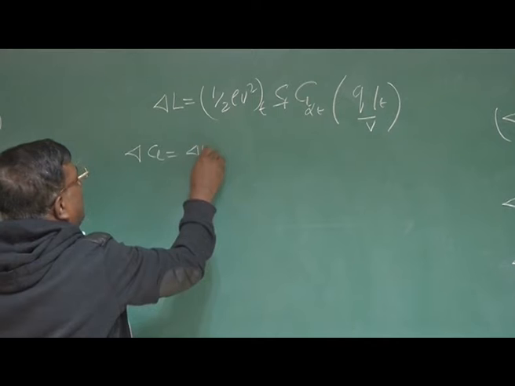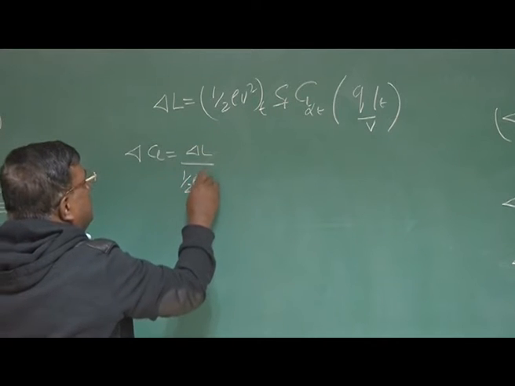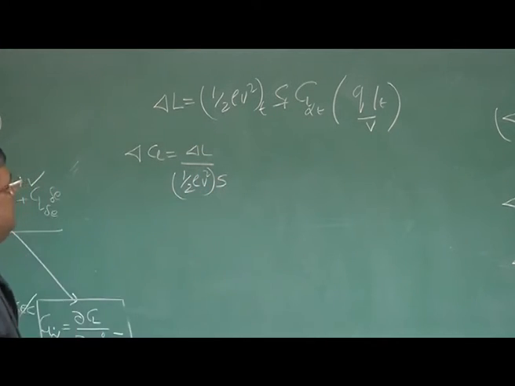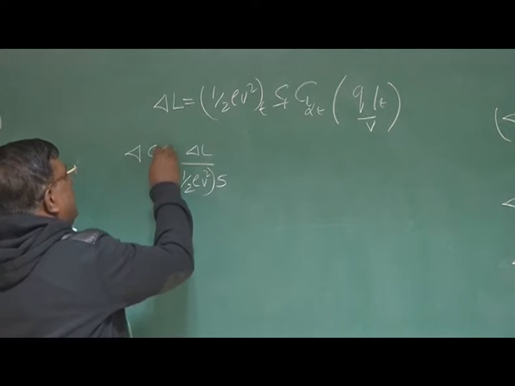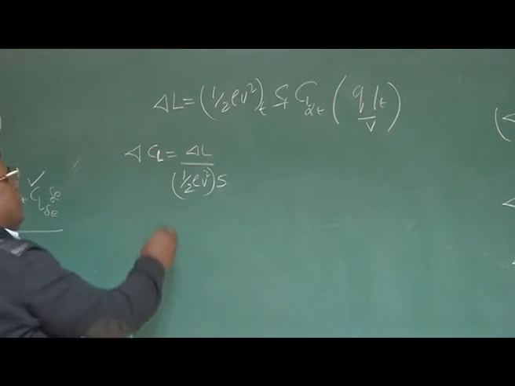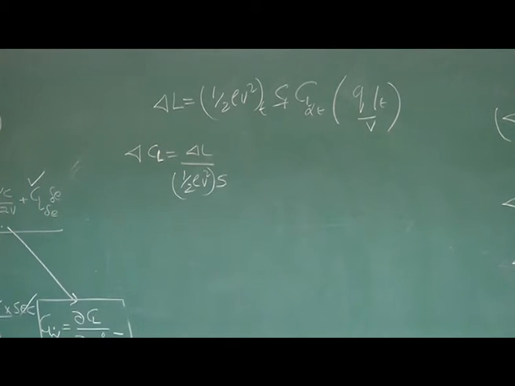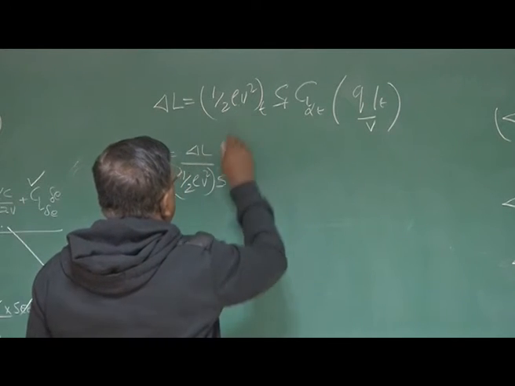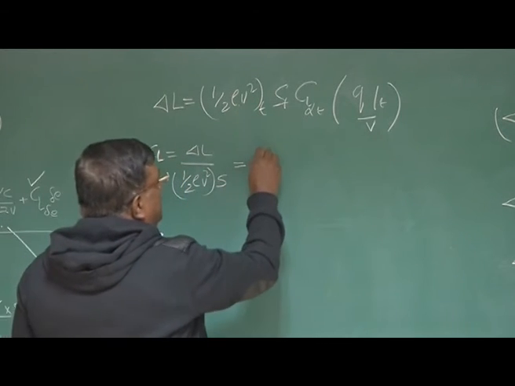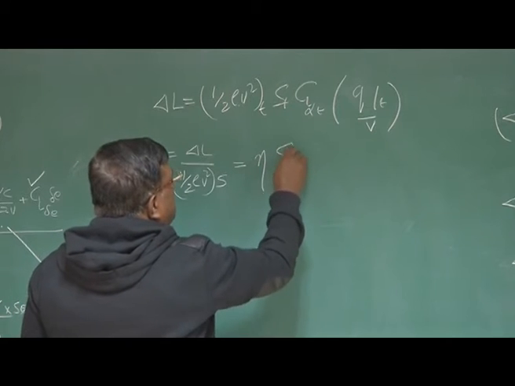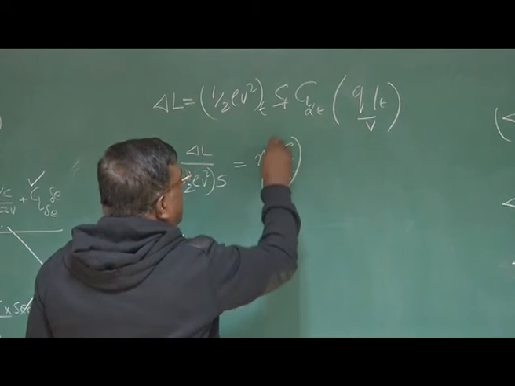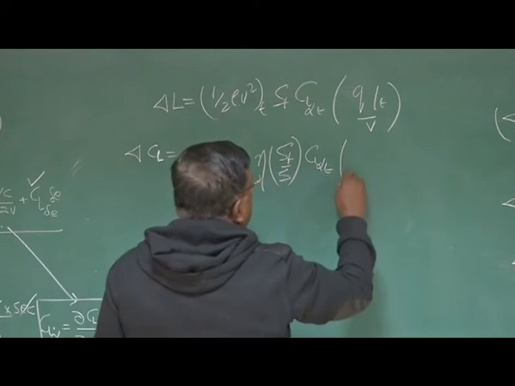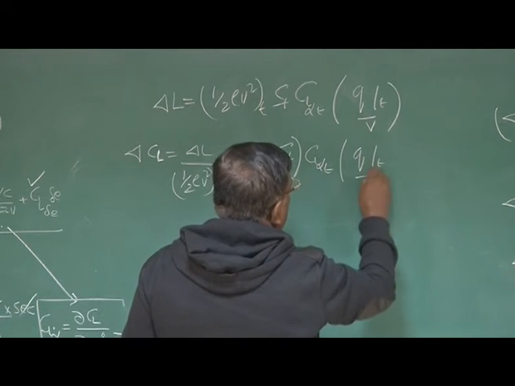It will be delta L by free stream dynamic pressure into S reference, that is delta CL, or I write delta capital C L, because small l is for rolling moment. So this will now be equal to this divided by this. You are expert. This is eta S T by S, right? CL alpha tail Q LT by V.